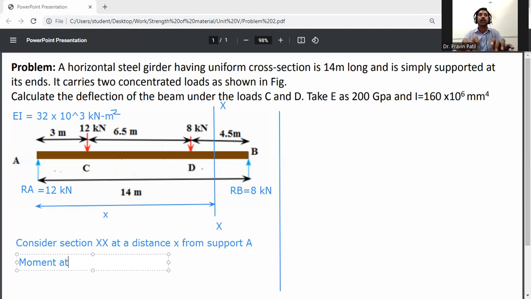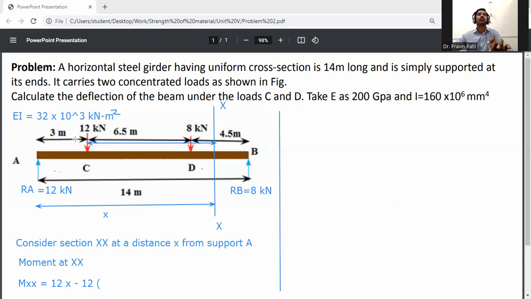Now take moment at XX. Here clockwise is taken positive and anti-clockwise is taken negative. Moment at XX will be 12 into X, then minus 12, which rotates anti-clockwise about XX, in bracket the distance, which is x minus 3. This distance is x, and minus 3 gives this distance.